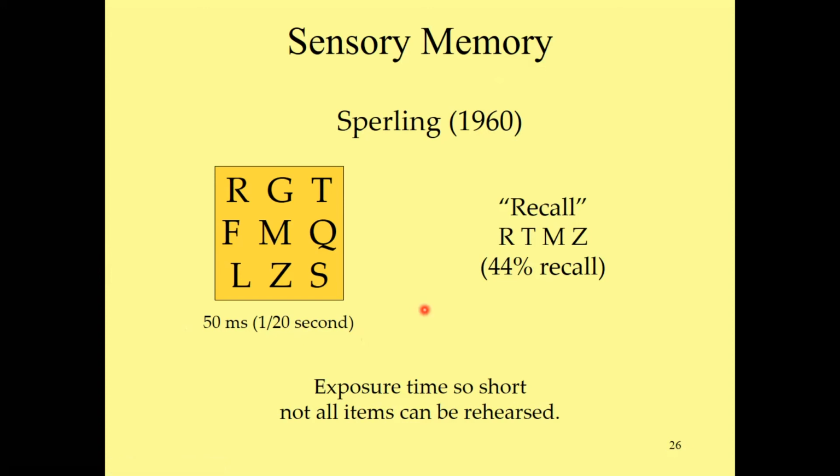Averaging over many people how many letters were correctly remembered, the recall was about 44%. So people didn't remember all the letters they saw, just some of them.